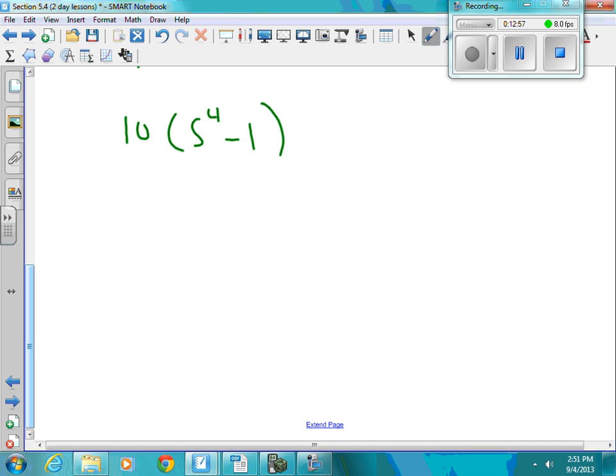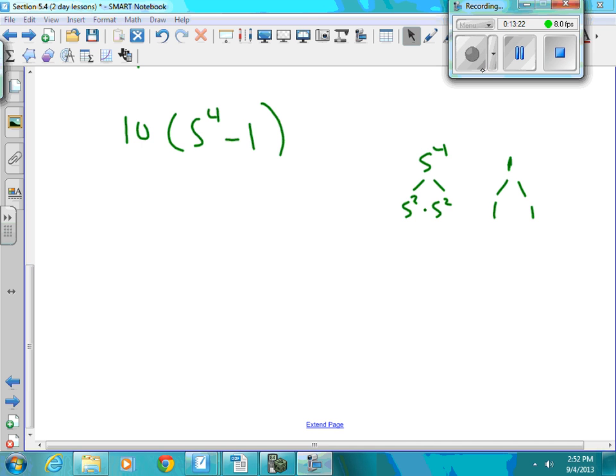We talked about it in the last one, I mentioned it anyways, difference of squares pattern. Is s to the 4th a perfect square? Well, s to the 4th can be s squared times s squared, can it? And negative 1 can be 1 times 1. So, excuse me, s to the 4th and 1 are perfect squares. We have a subtraction sign, so we have difference of squares here. So, s to the 4th is just s times s.